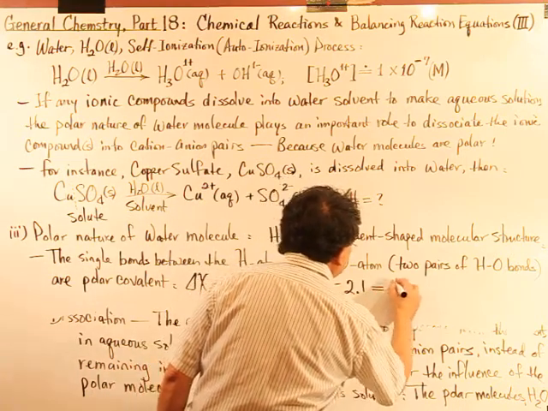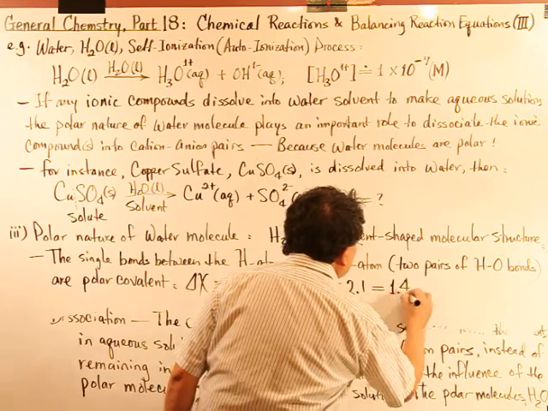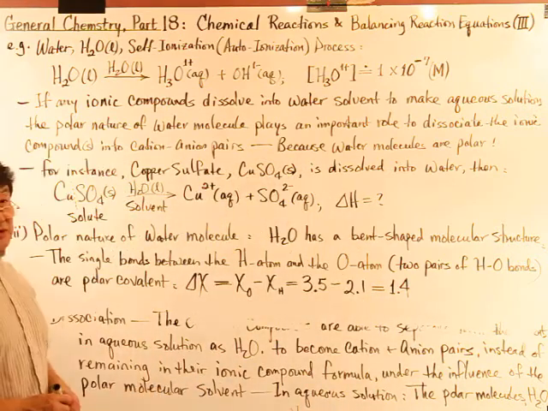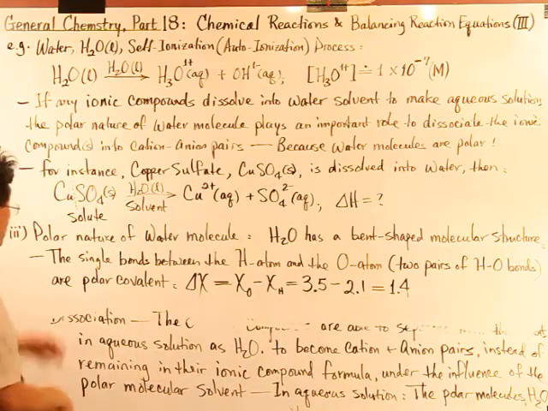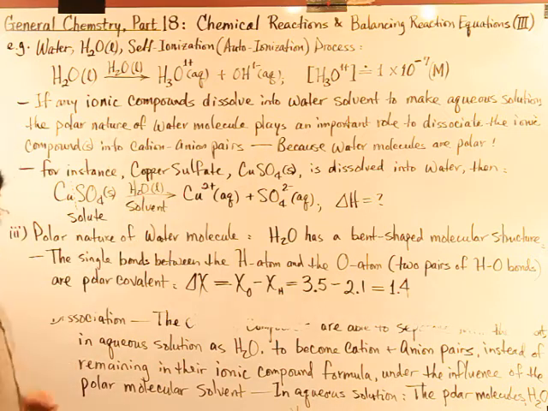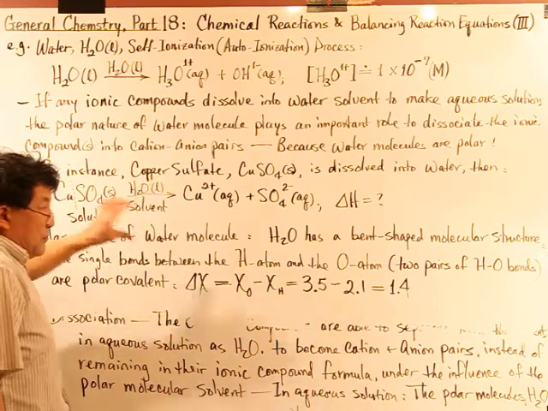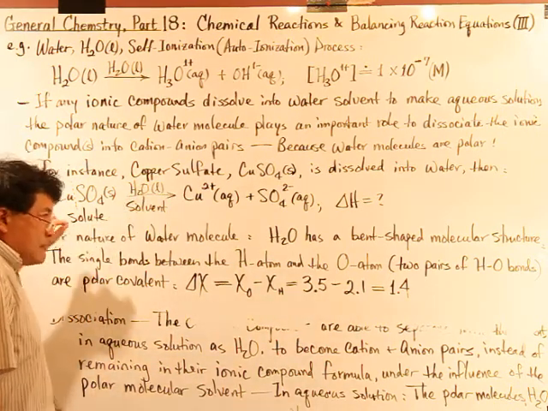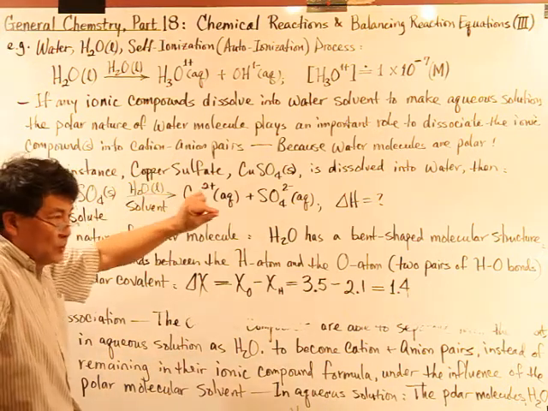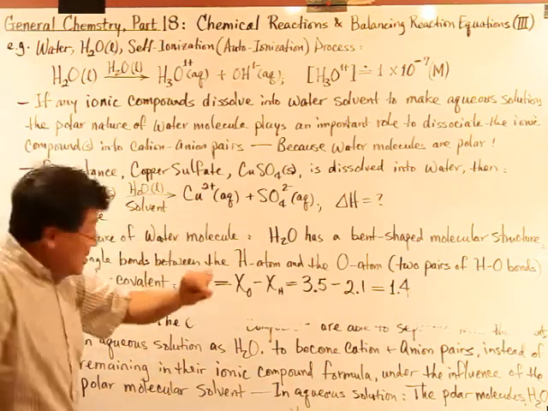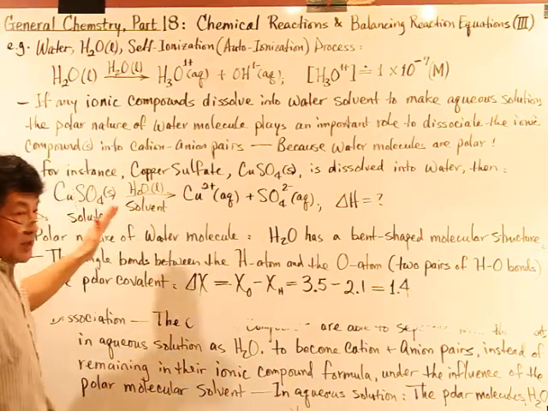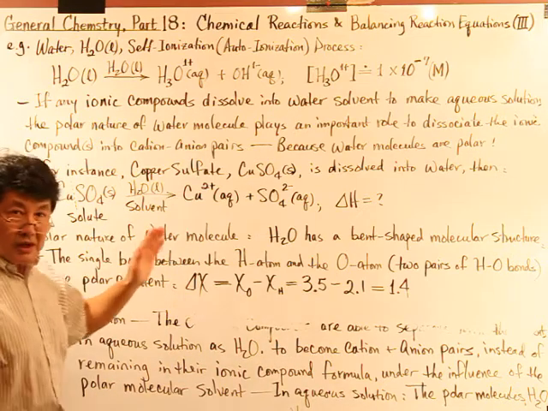So the difference between the electronegativity of these two elements is 1.4. Remember that diagram for the ionic and covalent nature of bonding: if the difference in chi falls between slightly under 1 and slightly over 2, it is called polar covalent. So 1.4, fitting right in the middle, is considered polar covalent.